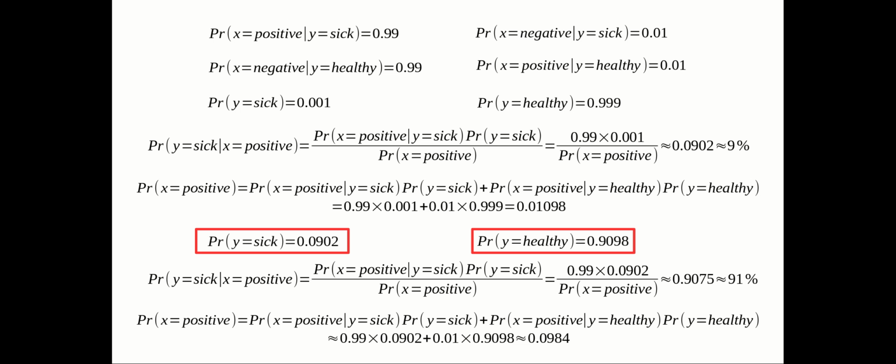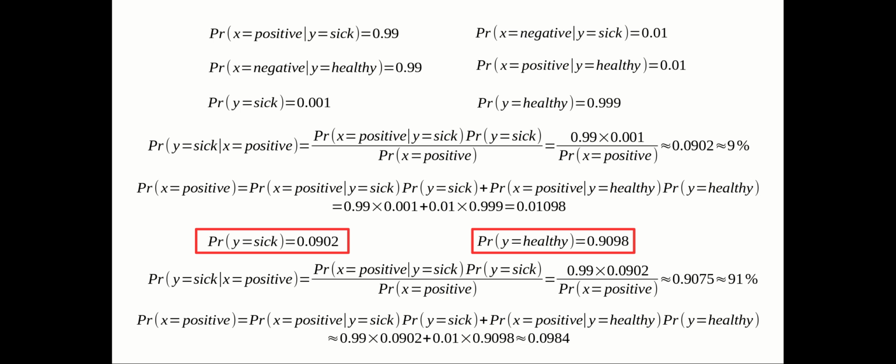there's a 1% chance that the test could be wrong for those 999 healthy people. So I could still get 9 or 10 people who have a positive test result but are nevertheless healthy. So I have about 10 or 11 positive test results out of these 1,000 people, but only one of them actually has the disease.